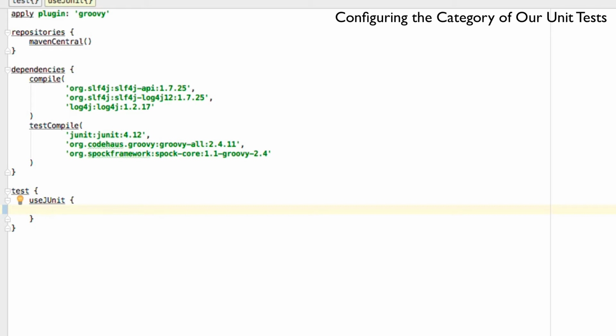Set the fully qualified class name of the unit test interface as the value of the include categories JUnit configuration option. 3. Ensure that Gradle prints the information that is written to system out or system err. This is not required, but if we don't do this, we cannot see if Gradle runs only the unit tests which belong to the unit test category.